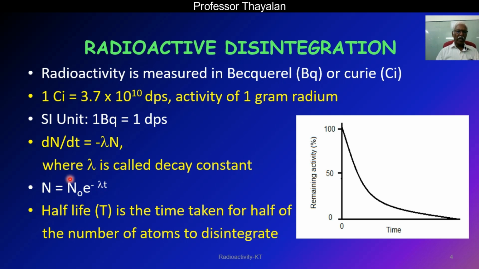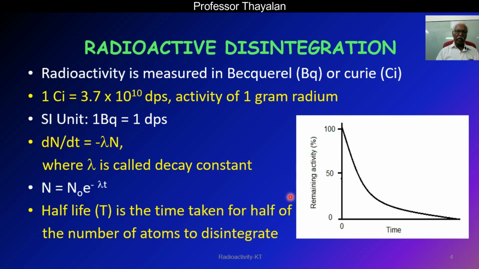That means N0 is the original number of nuclei, N is the number of nuclei at a time t, λ is the decay constant, and e is the exponential function. The minus sign indicates that during radioactivity the number of nuclei is decreasing. So if 100 is the number of nuclei, after some time it decreases exponentially.